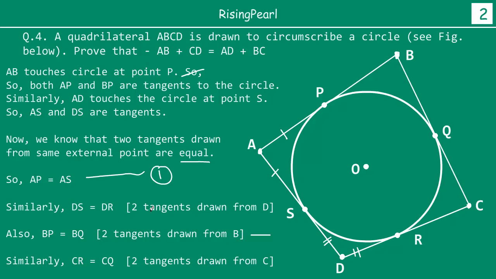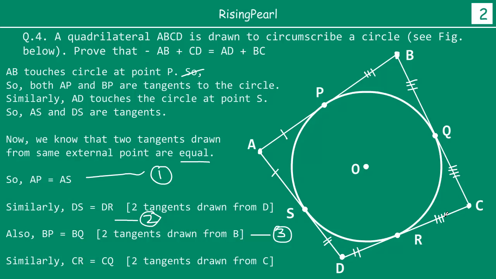Let's call this our equation number 2. Then we have the third one, equation 3. So these 2 lengths are equal. And finally, these are all equal.